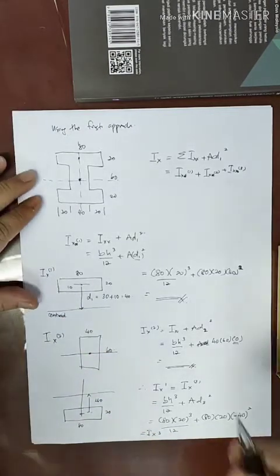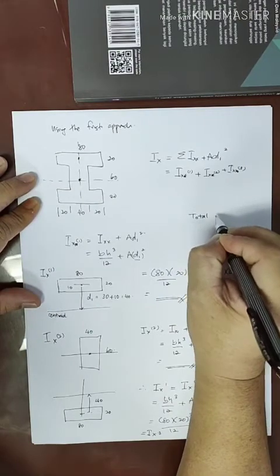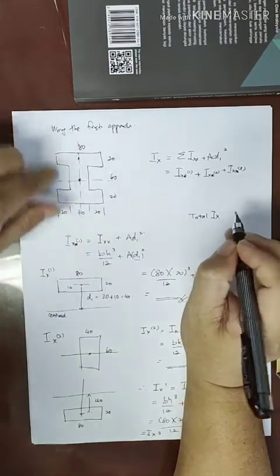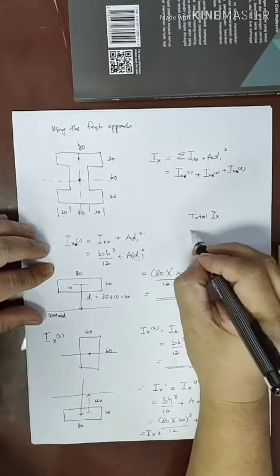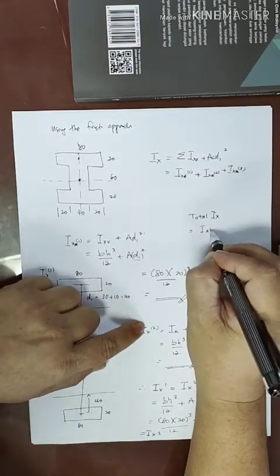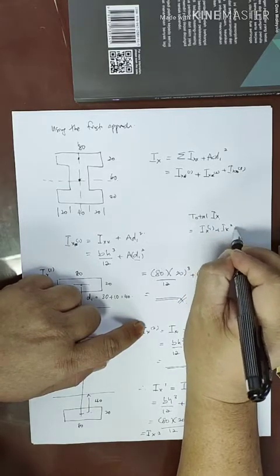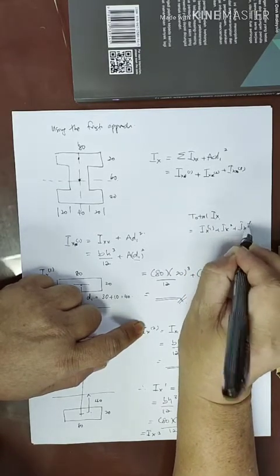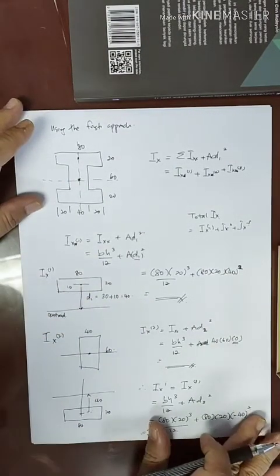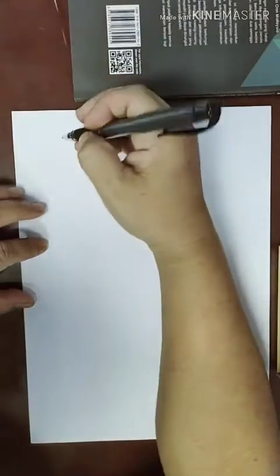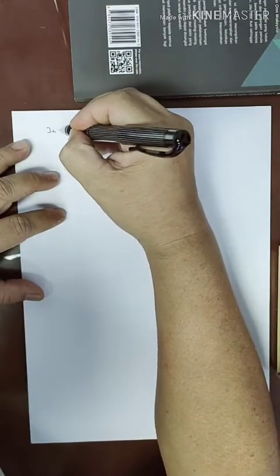So the total Ix for this particular dimension is equivalent to Ix1 plus Ix2 plus Ix3 by using the first approach. Okay, what if we are using the second approach?